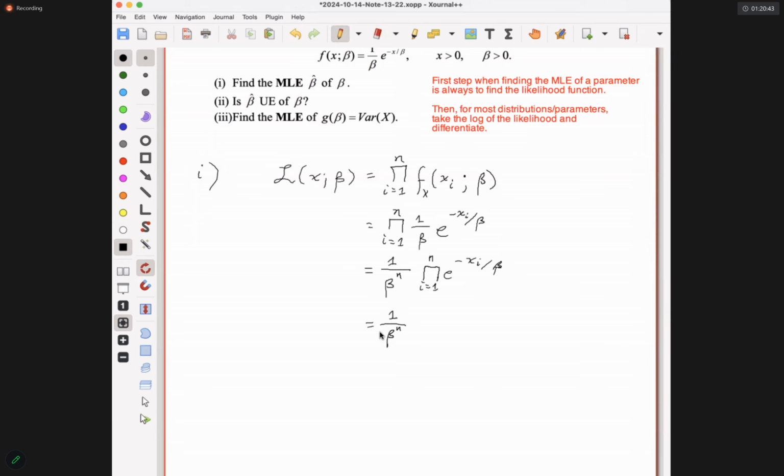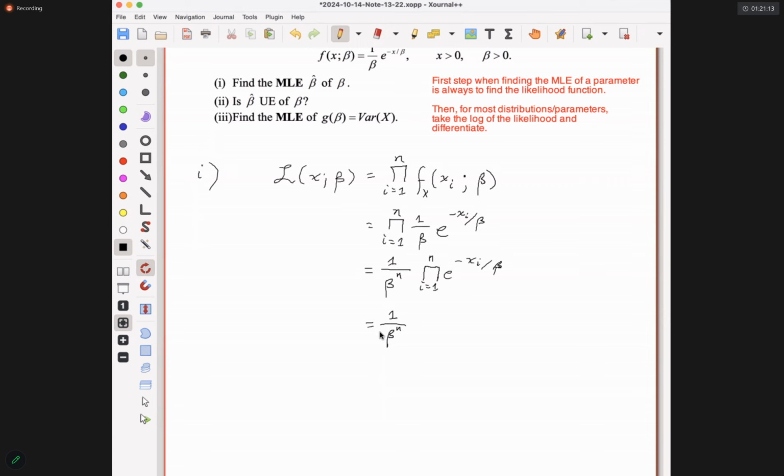I have a product of a bunch of things with the same base. So what do I do with the exponents to simplify? No, we're not taking the log yet. We can simplify this just using rules about exponents.